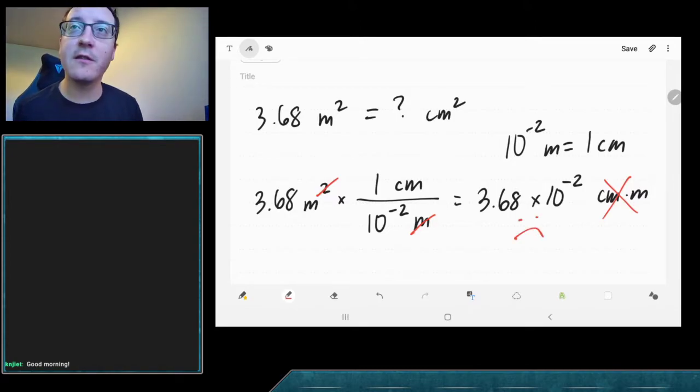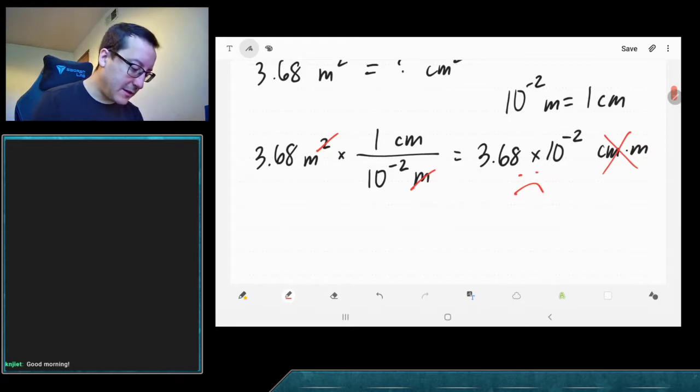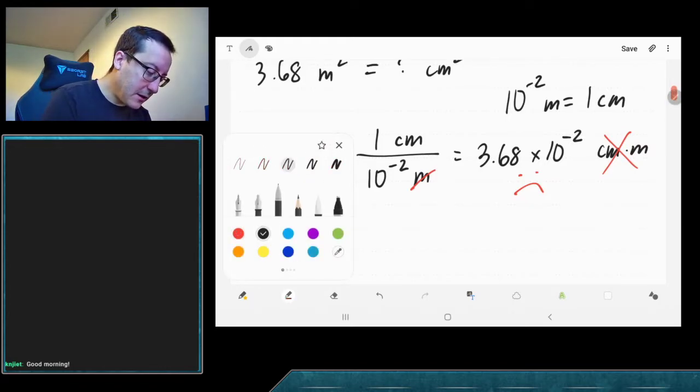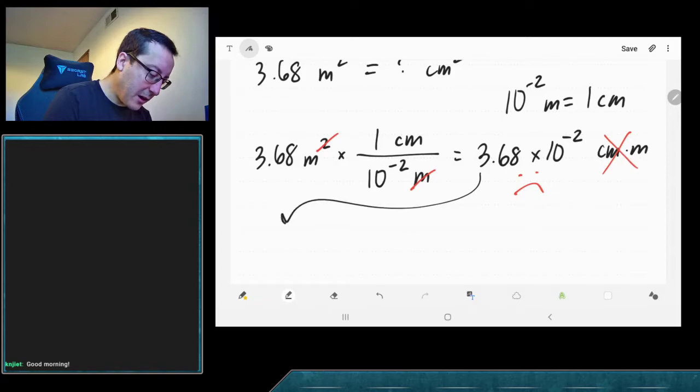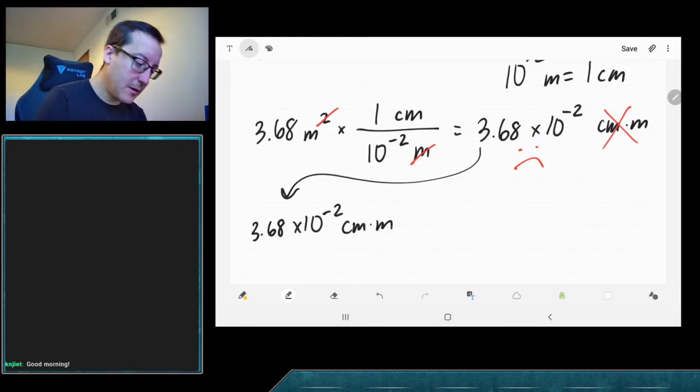So that's not a good thing. We have not finished our task here. However, we have this number, the 3.68 times 10 to the negative 2 centimeters times meters, and we could go ahead and use our conversion factor again, right?